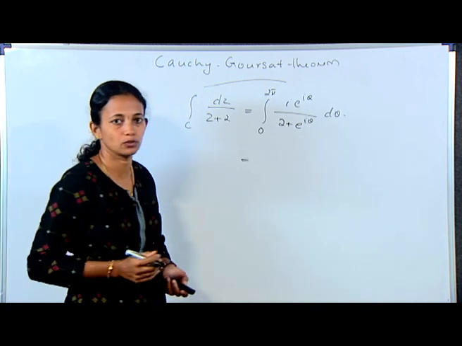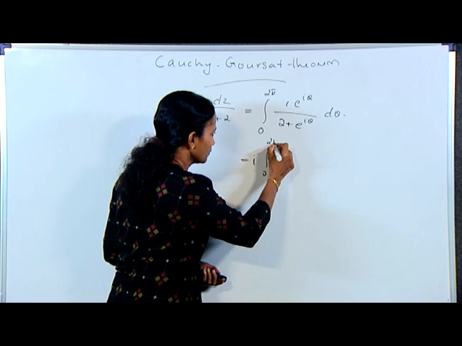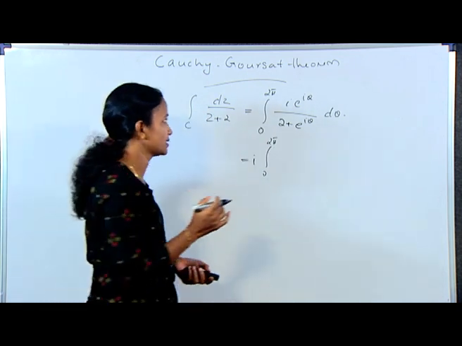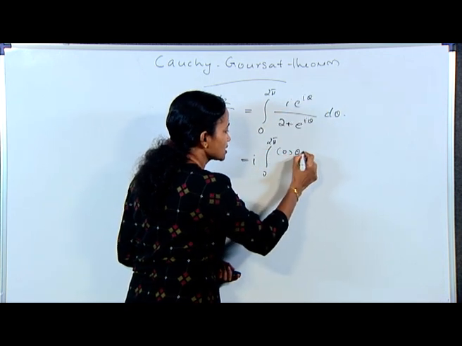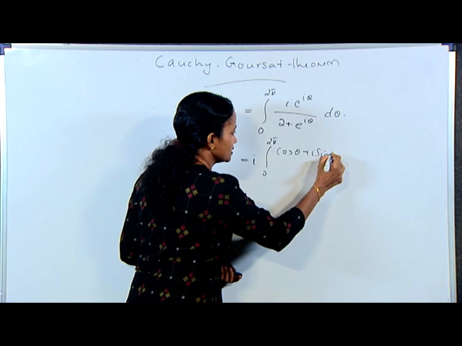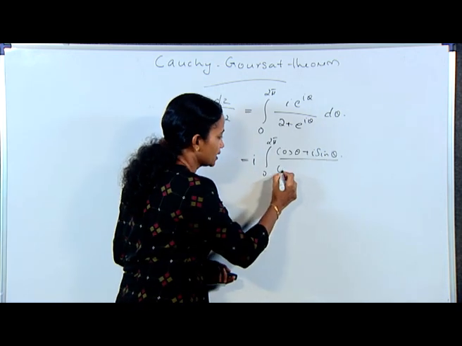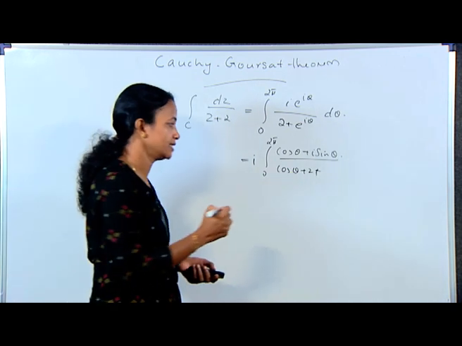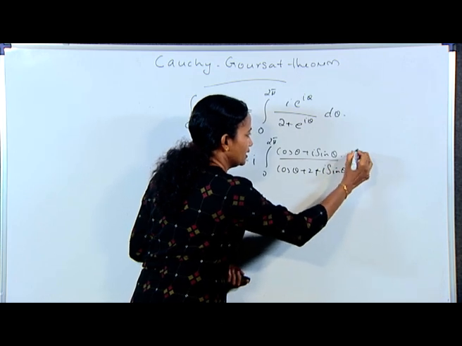which is equal to, taking I outside, I into the integral from 0 to 2 pi of (cos theta plus I sin theta) divided by (cos theta plus 2 plus I sin theta) d theta.